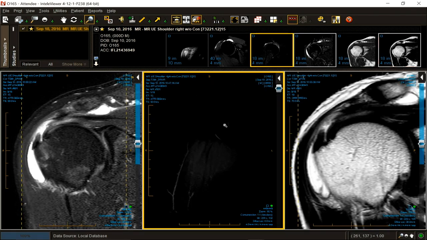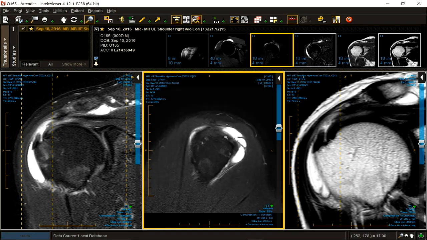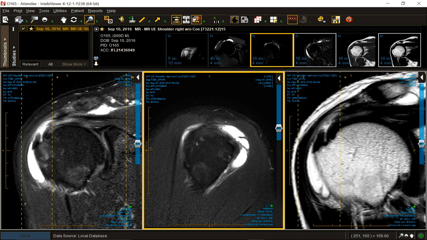Let's look at the sagittal. Very hard to see the deep fibers, but they're present right there. Look at the little step off. Superficial outer fibers present, superficial outer fibers absent. Defect from here to here.